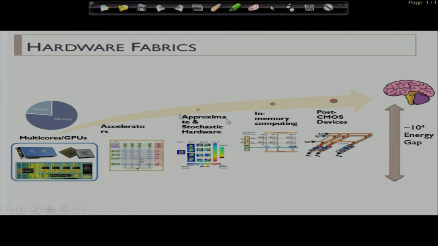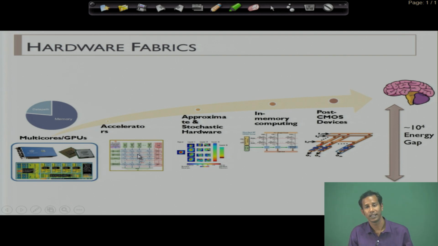All this opens up the research scope to close this energy gap, which is a factor of 10 to the power 4 between our normal brain and the artificial brain. So, that is why there is scope and there are options.